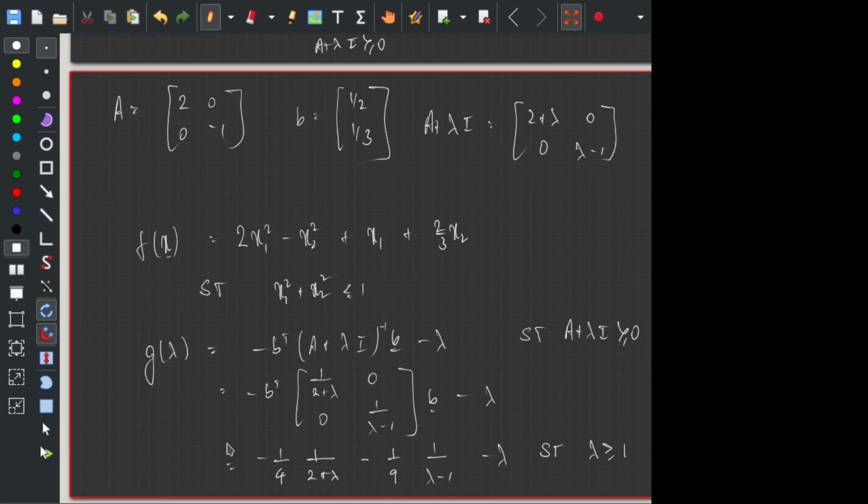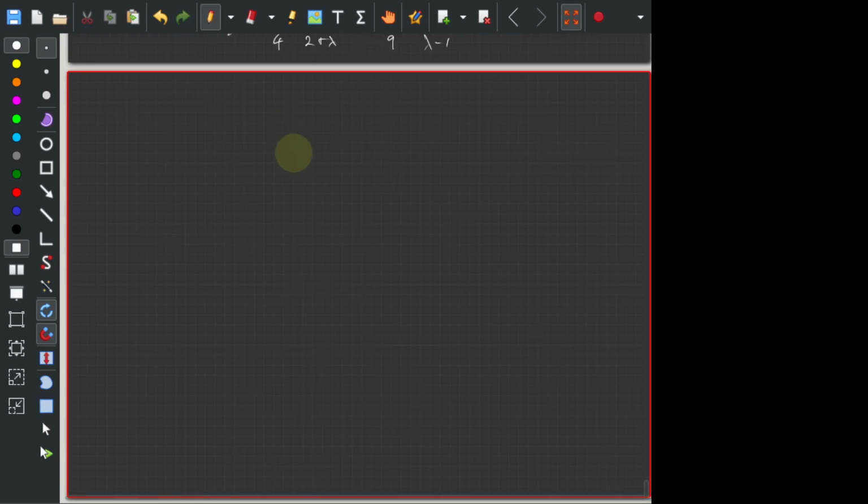Okay, so let's look at the dual for a couple of other problems. Suppose that I have what I call a standard form linear program.